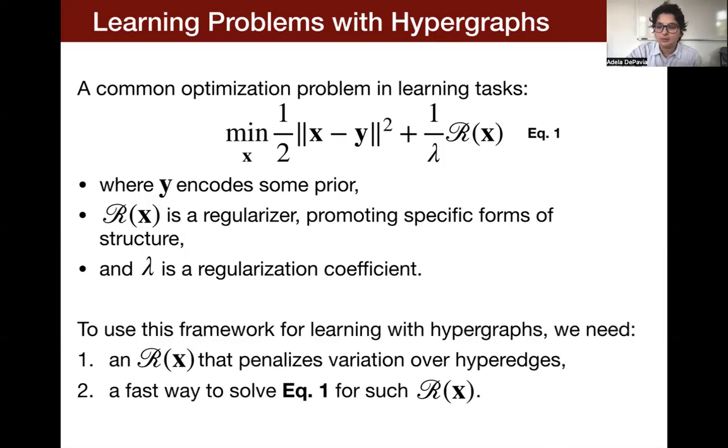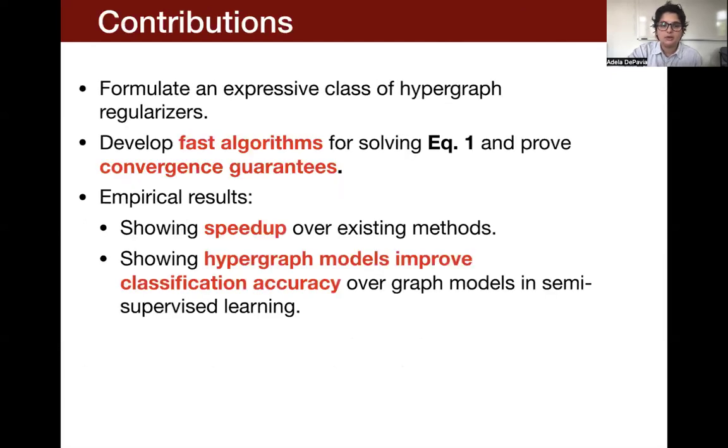So to use this framework for learning with hypergraphs, we would first need a set of regularizers that penalize variation over hyperedges, and then fast algorithms that can solve the resulting problem in equation 1. So these two issues are the core focus of our paper. We formulate an expressive class of hypergraph regularizers and develop fast algorithms for solving the resultant learning problems.